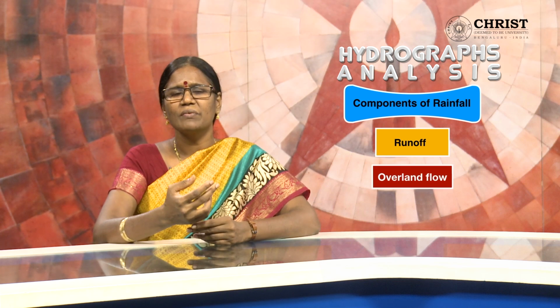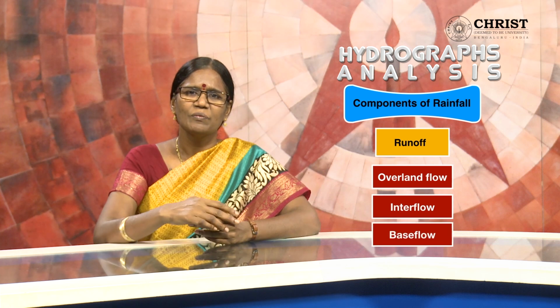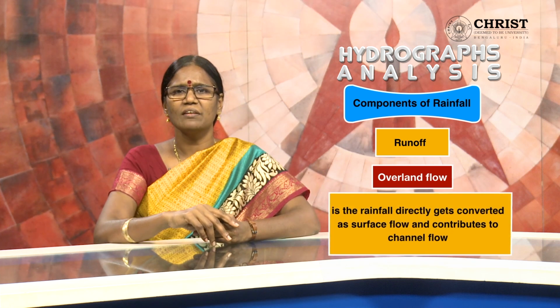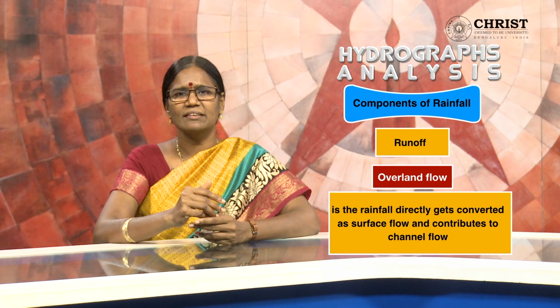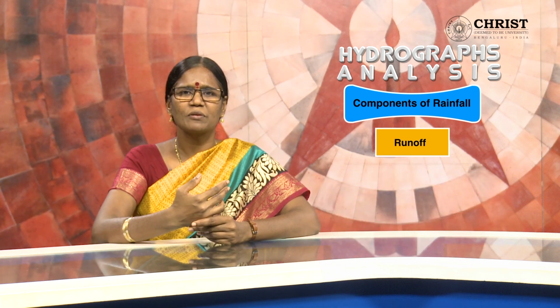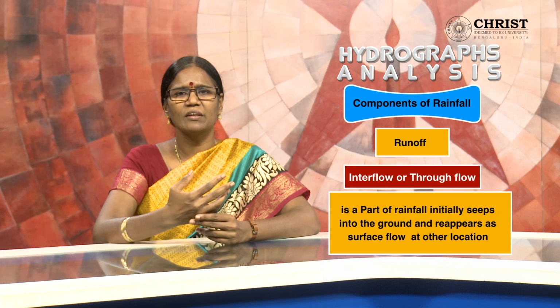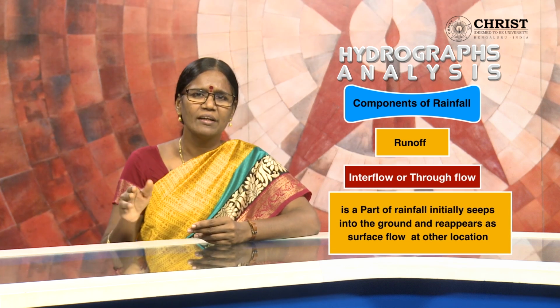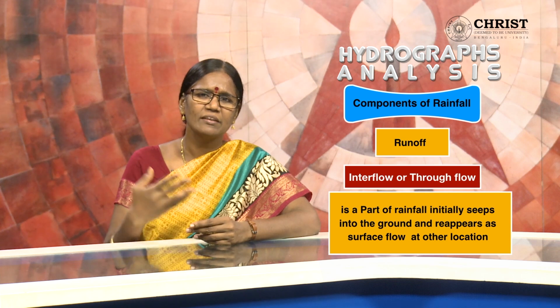Then if we classify runoff, again there are three types. Those are overland flow, interflow and base flow. Overland flow is the rainfall directly getting converted as the surface flow and contributing to channel flow. Interflow or throughflow is a part of rainfall that initially seeps into the ground and reappears as a surface flow at another location.